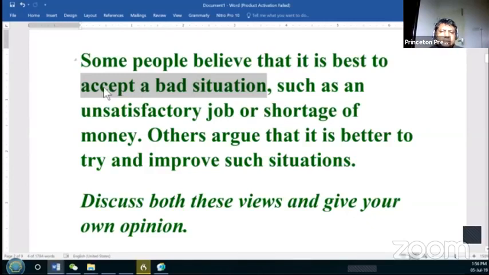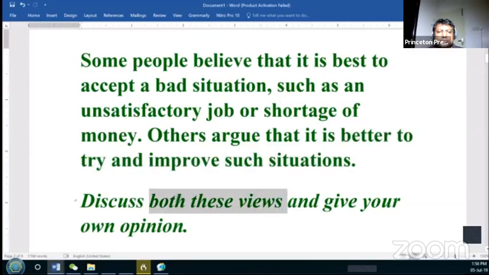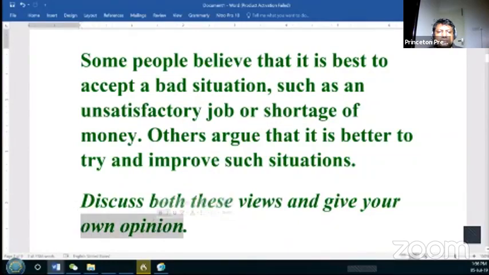So the first view is accept a bad situation, and the other view is to discuss whether it's better to try and improve such situations. So that's the 2 views you need to write about, and you must also give your own opinion. So this is a both sides and opinion essay.